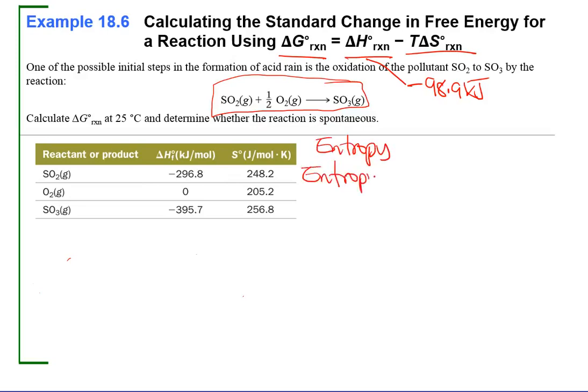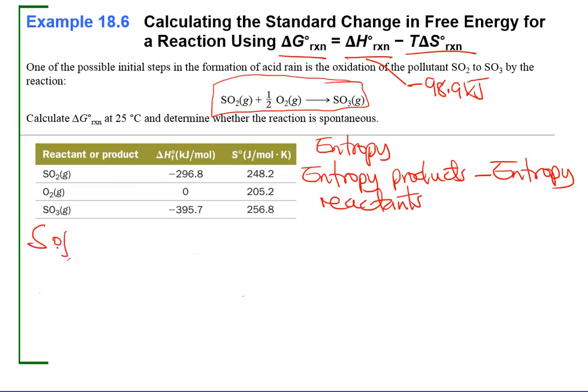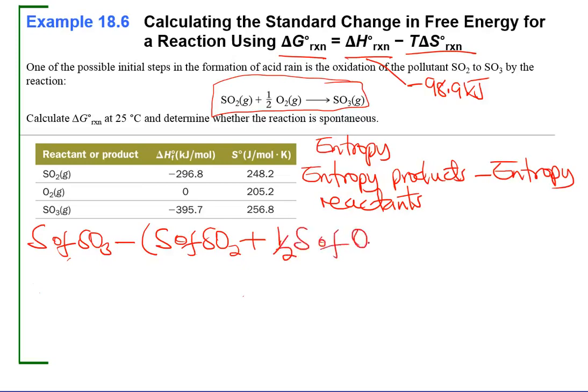Entropy of products minus entropy of reactants. So in this case, I will say the S of SO3, which is our product, minus parentheses the S of SO2 plus half the S of O2.